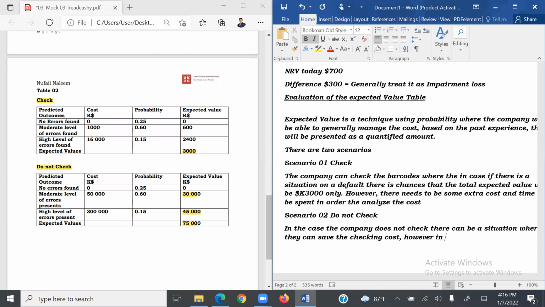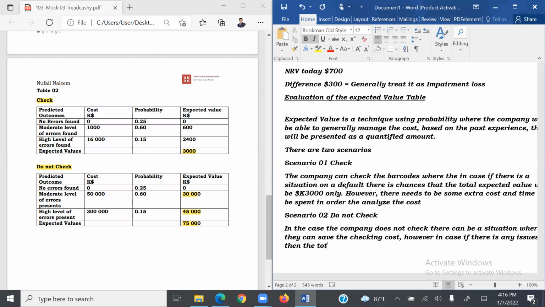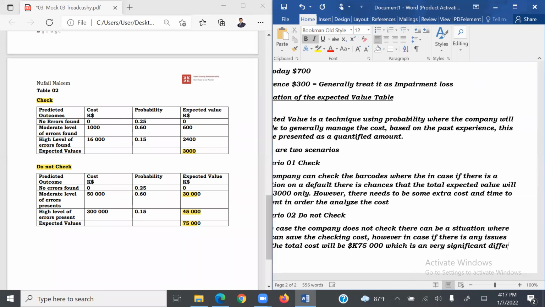However, in case there is any issue, then the total cost will be $75,000, which is a very significant difference.